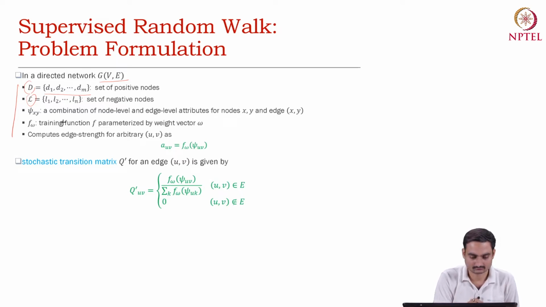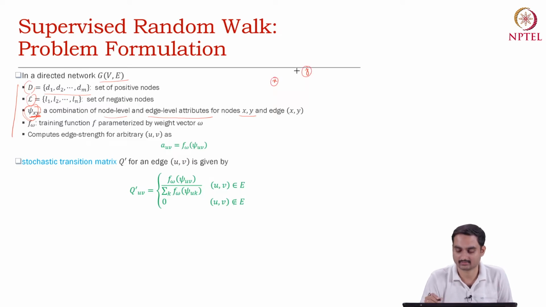And we basically learn this kind of function, a function called psi. Now psi sub xy is a combination of node-level and edge-level attributes for a node pair x and y. Say, for example, x and y are two users. x has attributes like age, gender, job, location. y also has the same attributes.